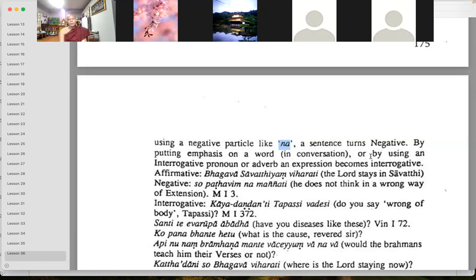We have learned the interrogative adverbs under the pronoun section. Okay, so just put in that. We don't need to change the sentence structure. Very simple.